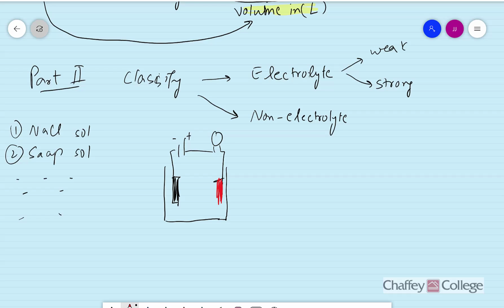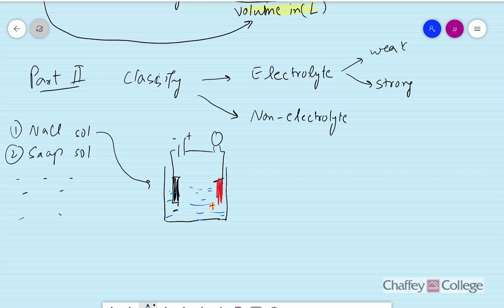Now as you can see, the circuit is not complete because the positive terminal is not connected to the negative terminal, so there is a gap here. We are going to fill this gap with these solutions. We're going to pour these solutions in here one by one.